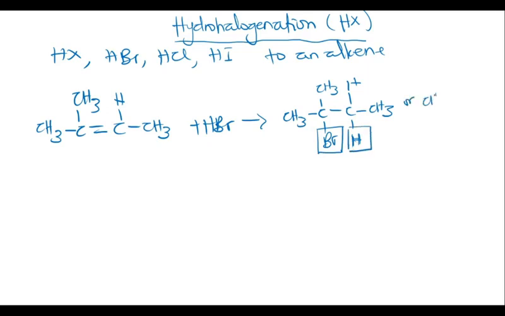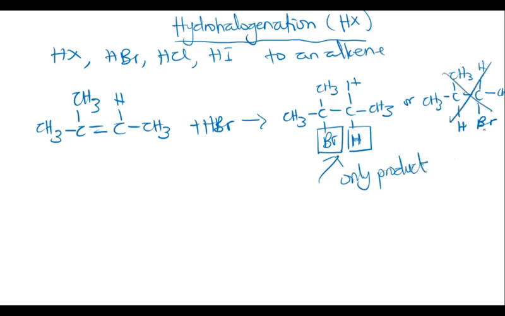Or we can have the CH3 attached to the carbon bearing the other CH3, then we have the hydrogen attached over here, then we have the other ones over here, so CH3, and then we have our bromine over here. So these are the two likely products that are formed when we have hydrohalogenation. Now, from experiment, it is observed that what? Only this product here is the only product formed.